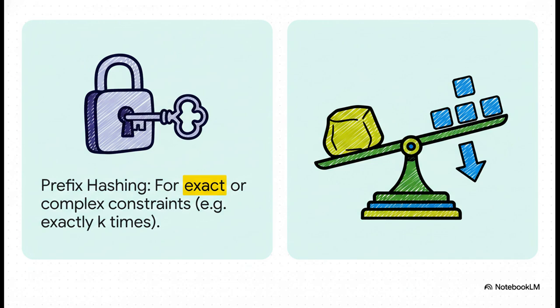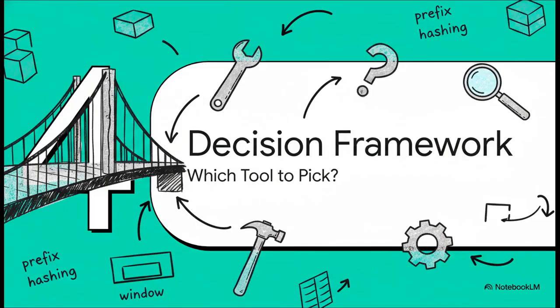Prefix hashing shines with those tricky, exact constraints, like our exactly k times example. The sliding window, though, is the absolute star for monotone constraints. Things like find the longest substring with at most k distinct characters. Think about it. As you add a new character, the count of distinct characters can only go up or stay the same. It can't go down. That's a monotone property.